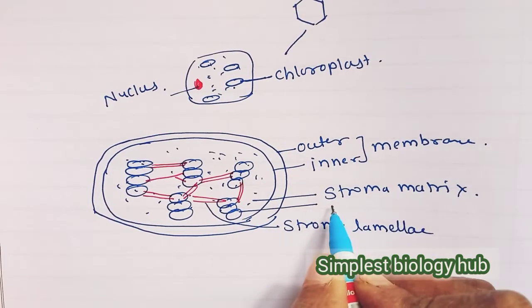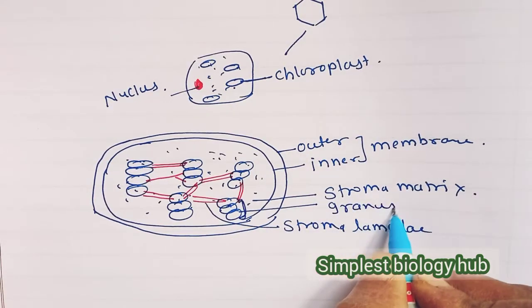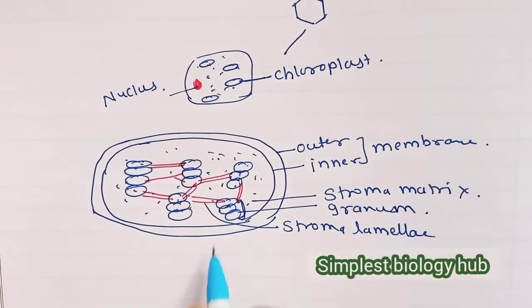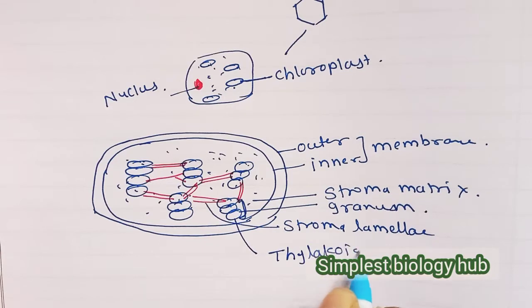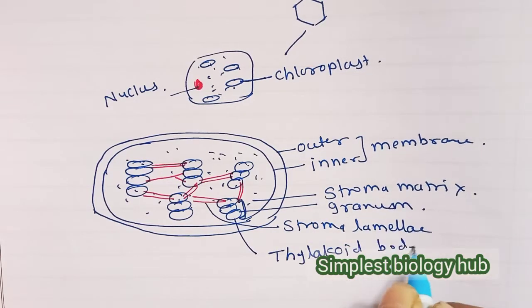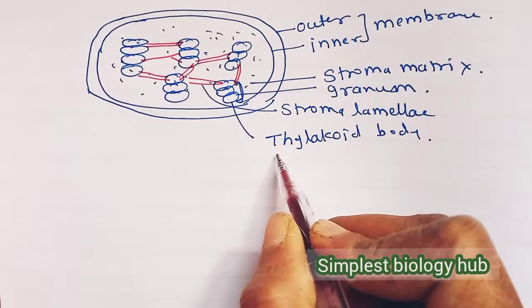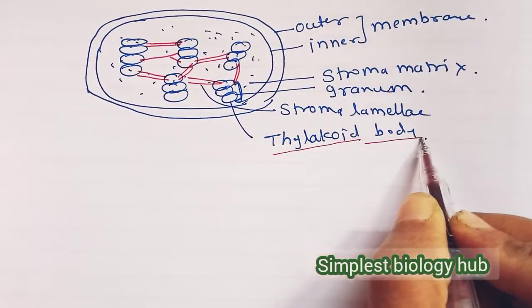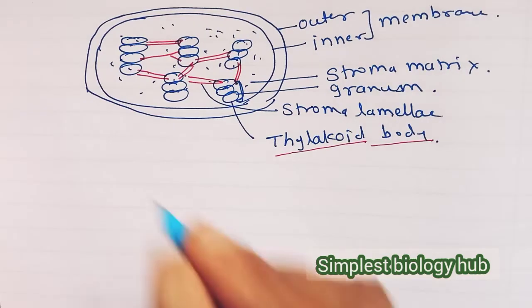The complete stack we call granum, and only one of them we call thylakoid body or thylakoid membrane. And the actual reactions of photosynthesis take place in the thylakoid membrane.